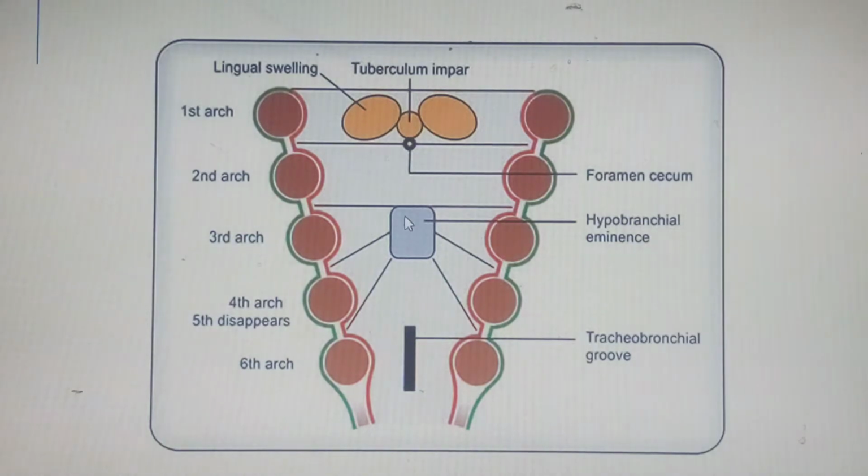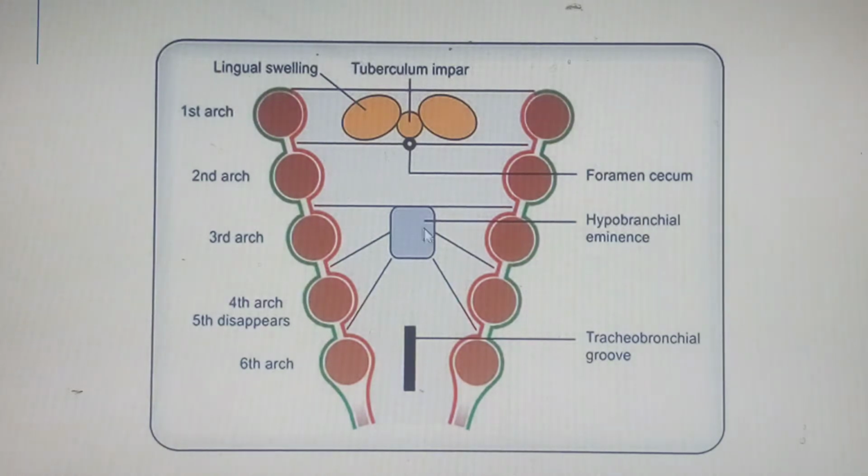Now, for the posterior 1/3 of the tongue, together with the epiglottis, because they are connected by the valleculae, what we are saying is that this posterior 1/3 of the tongue will be developing within the 3rd and then the 4th arch.